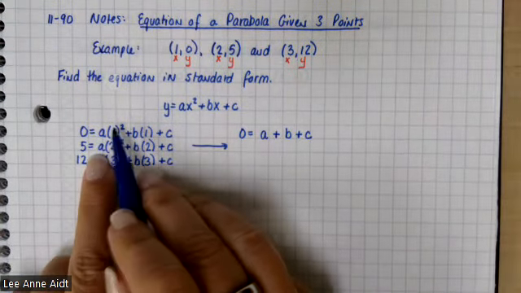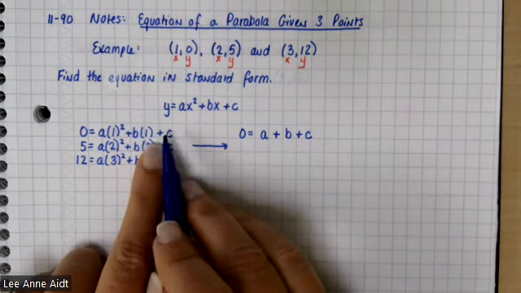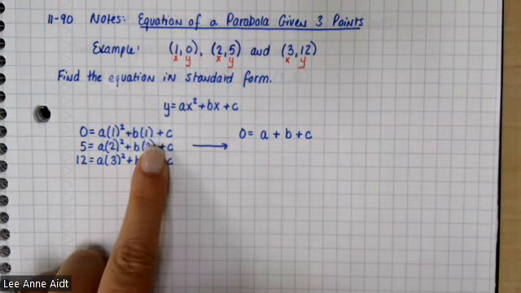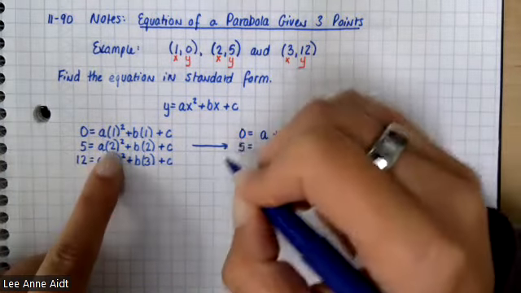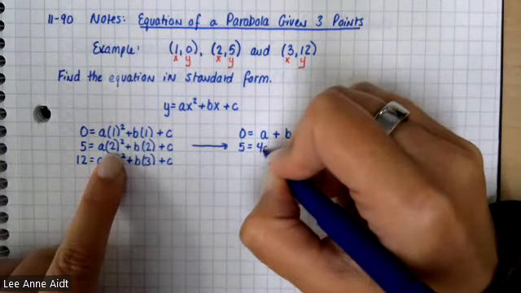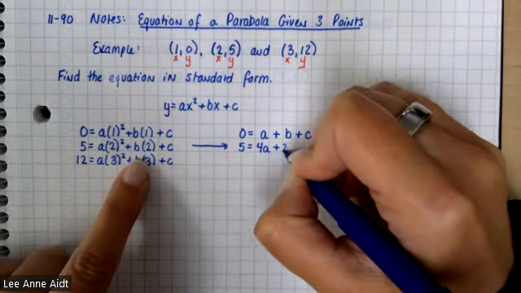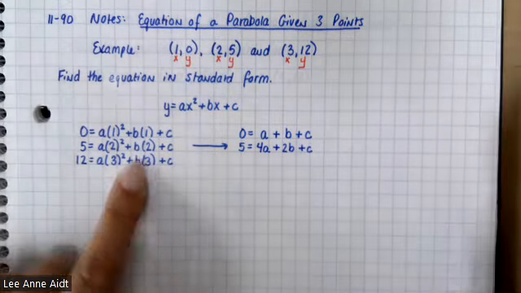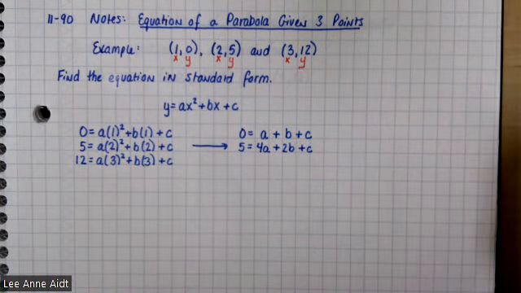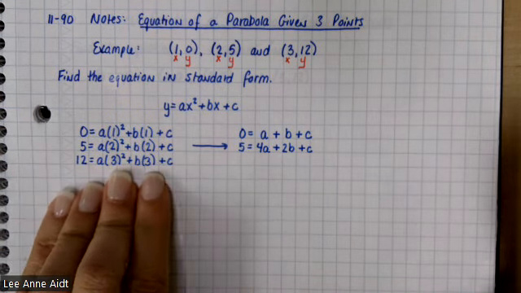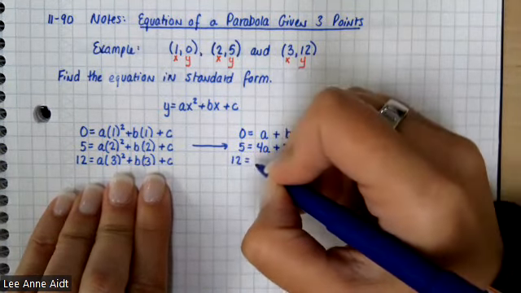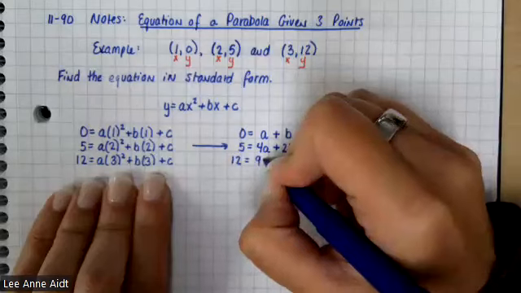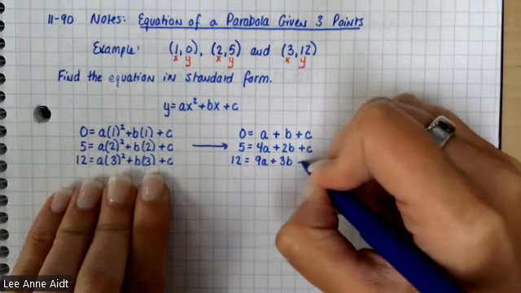Do you see how this is 1a, 1b, and c? Okay, now this one. 5 equals, 2 squared is 4, so 4a plus 2b plus c. Okay, what would this one be? Yep, 12 equals 9a plus 3b plus c.